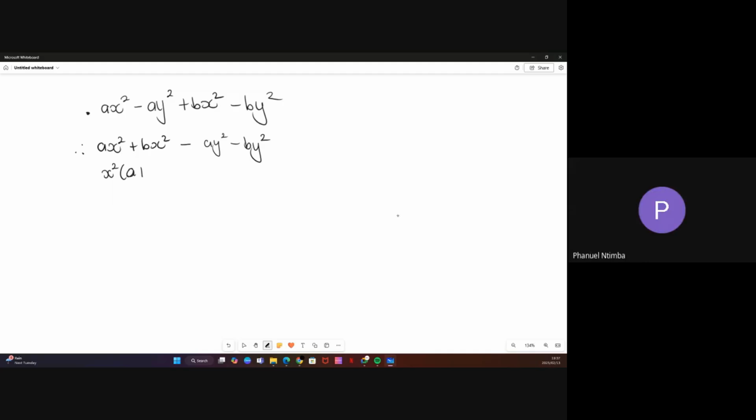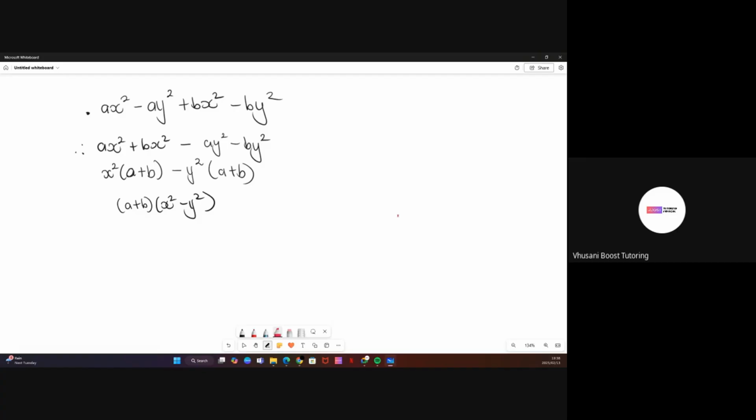So x squared, then open a bracket, then it's going to be a plus b. On the next two terms, we're going to factor out negative y squared. So it's going to be a plus b. So the next step, we have a common factor in these two terms. So the common factor will be a plus b, open bracket a plus b, then close bracket, x squared minus y squared. Okay, so that is 100% correct. Well done.